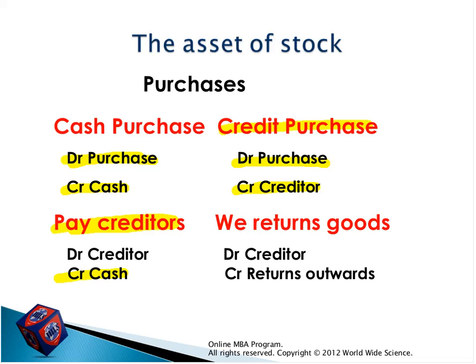Because we are giving the money to our suppliers, and the creditors will be decreased as well. You remember? Because we had some liabilities. Now we are paying the cash, so now we don't have a liability. When we make payment by cash, our liabilities will be decreased. Now we don't have a liability in front of our suppliers, and we show it on the debit side, as a liability on the debit side is decreased.